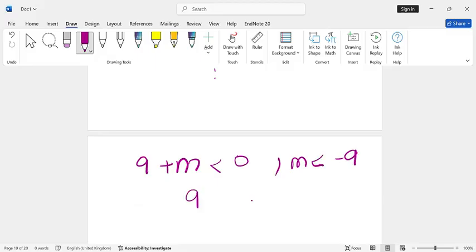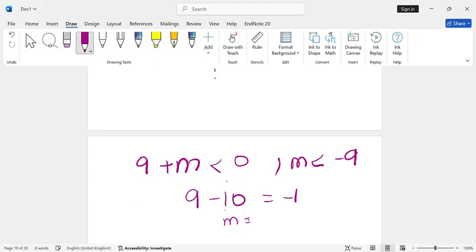So if I put the value minus 10, it gives me answer minus 1. If we put minus values, they give me answer in minus, all right? So we can say that m is less than minus 9.